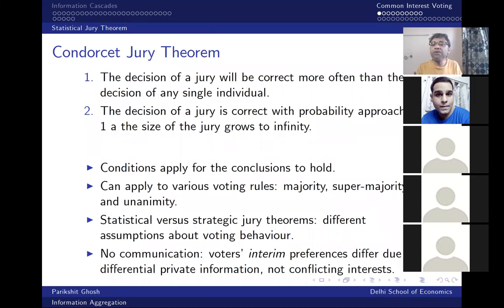So you can think of voting as a way of information aggregation, not just preference aggregation. Should we have free trade or a much more protectionist policy? Should Britain leave the European Union or stay? Should it have Brexit or not, as they famously had the vote? So some of these decisions have this information aspect.